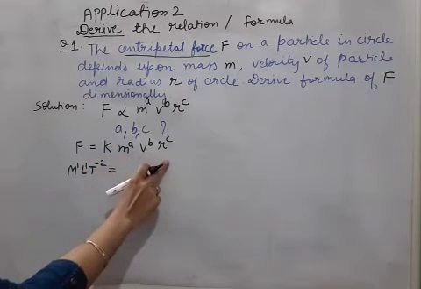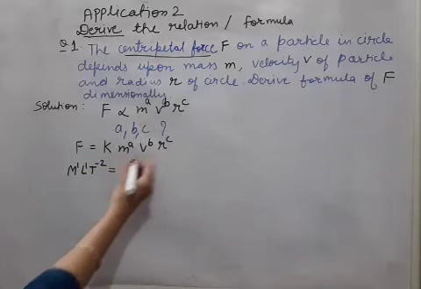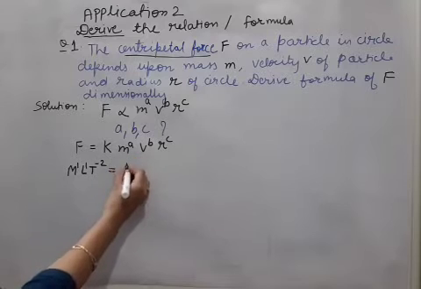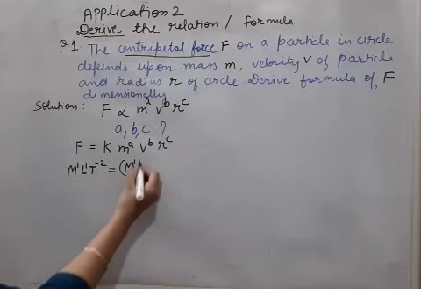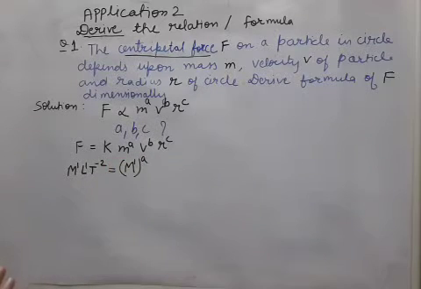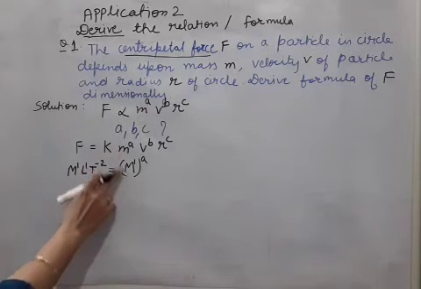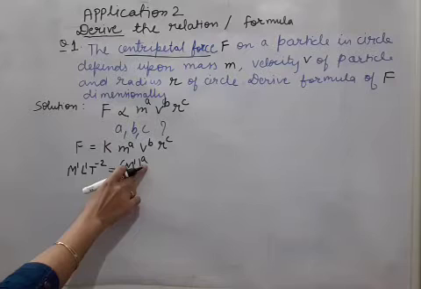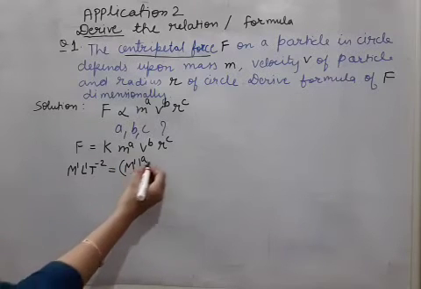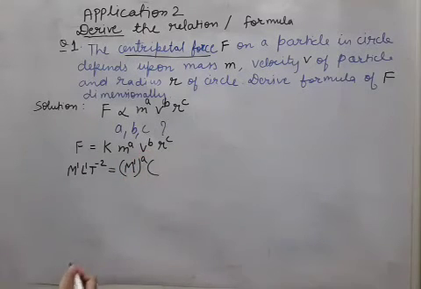Then the next step is the M, V, R terms. We will write their dimensional formulas. M is mass. Mass dimensional formula is capital M power 1. Then we have to put this power a also. So instead of small m, we wrote capital M1 and put power a outside the bracket. Okay. Next, this is velocity.